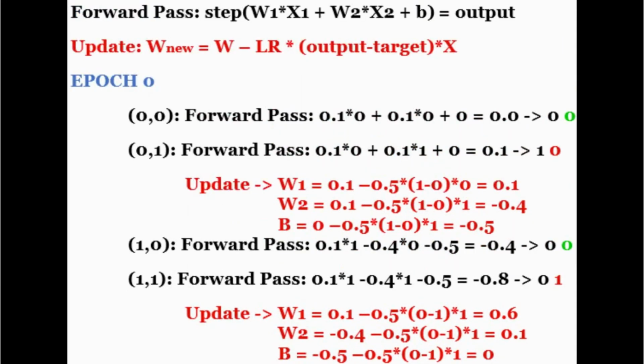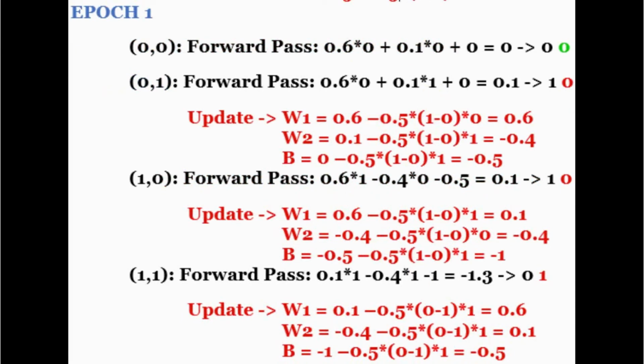But as we saw, 2 out of the 4 training samples we classified wrongly. So let's do epoch 1 and try to move towards that space of lower loss, right? That's our goal. So here again we have forward pass. The first one is classified properly.